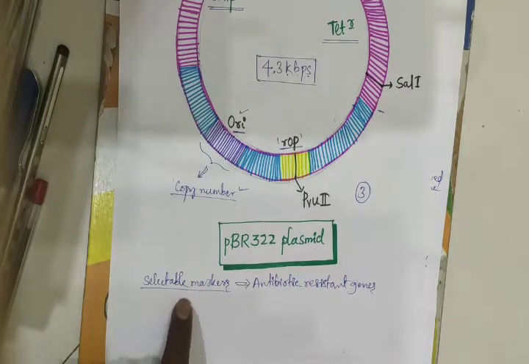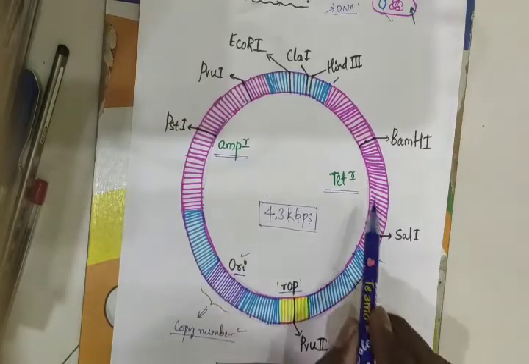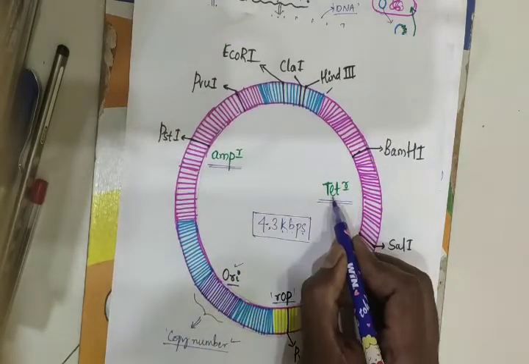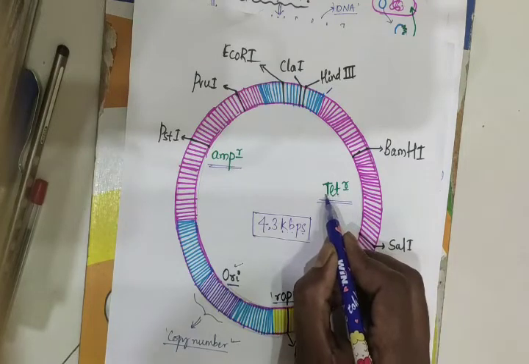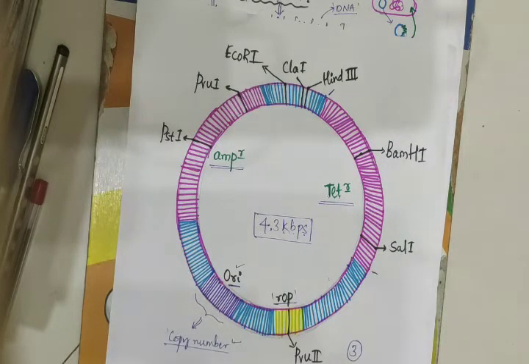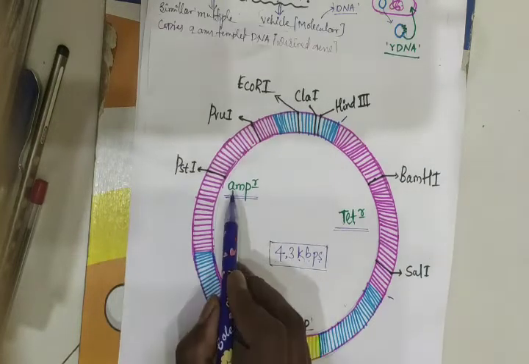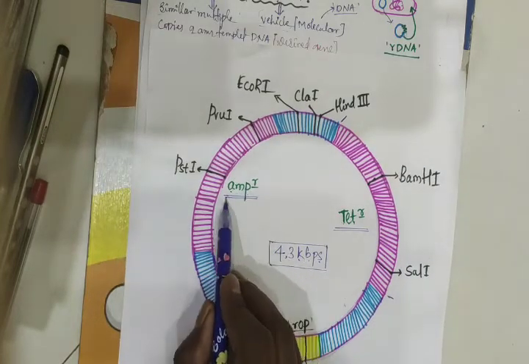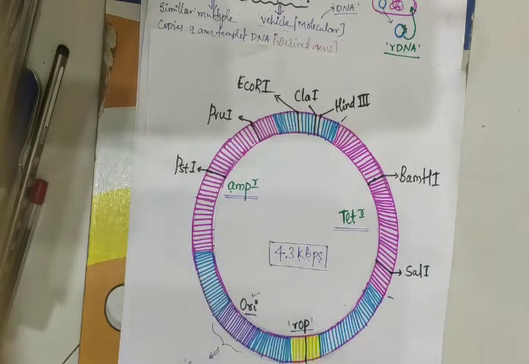What are those selectable markers? Antibiotic resistant genes. These two are antibiotic resistant genes. Here TET means tetracycline. Tetracycline is one antibiotic. And AMP means ampicillin. Ampicillin is one antibiotic.